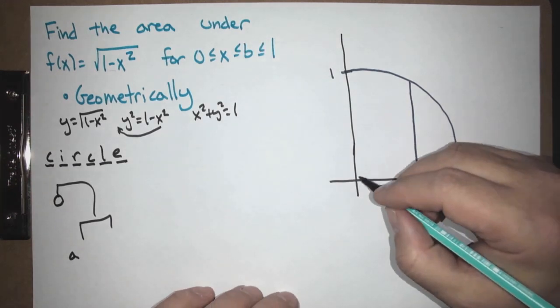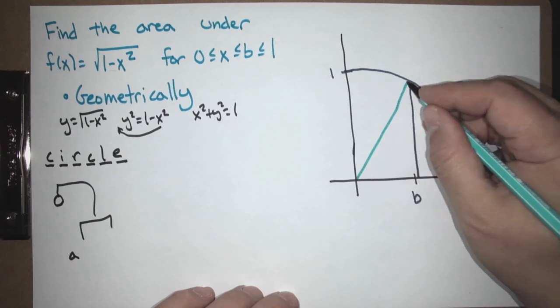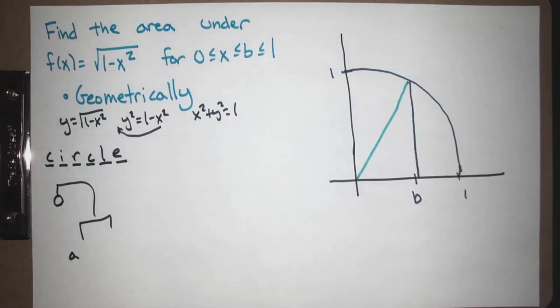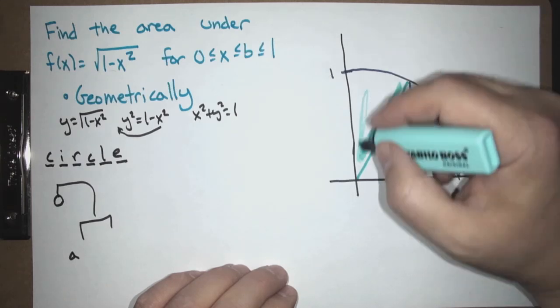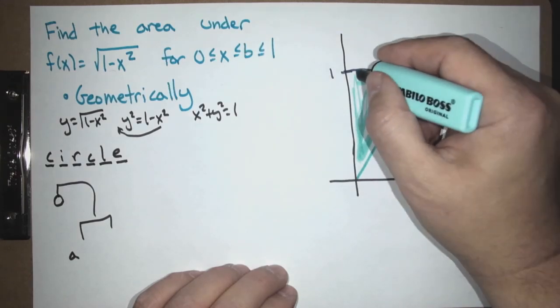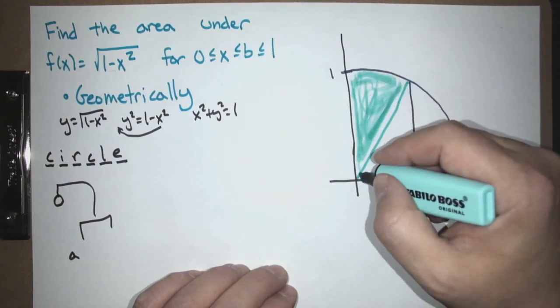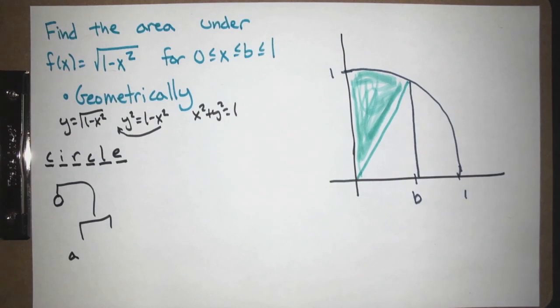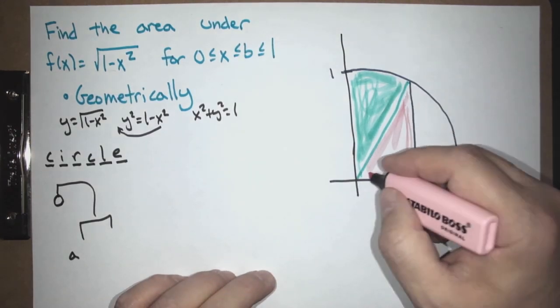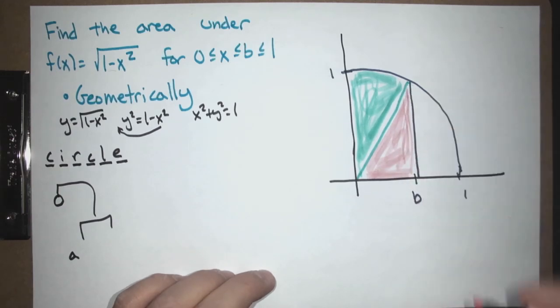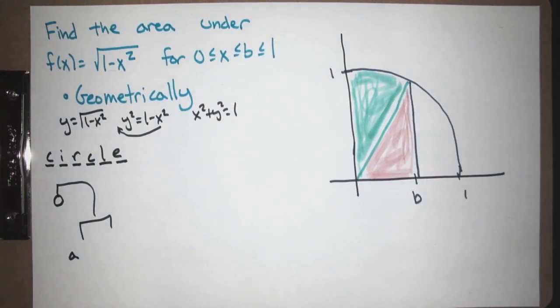I'm going to cut it into two pieces, so that there's a piece above, aka the pizza slice, and a piece below, aka the triangle. If we can find those two areas individually, their powers combined will give us the area.